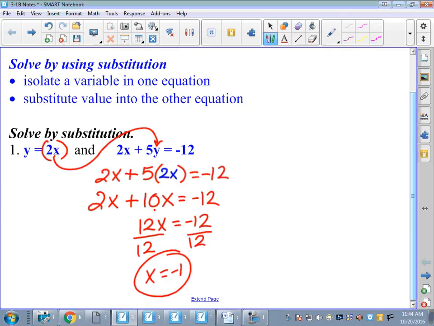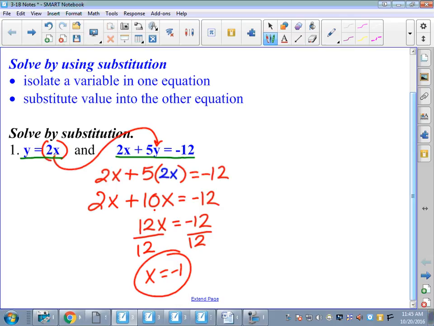We're not done because the answers are still the same as they were in the previous assignment. The answers are still a set of ordered pairs. So now that I have x equals negative 1, I can choose one of my two original equations, either y equals 2x or 2x plus 5y equals negative 12, and substitute it back in for x.